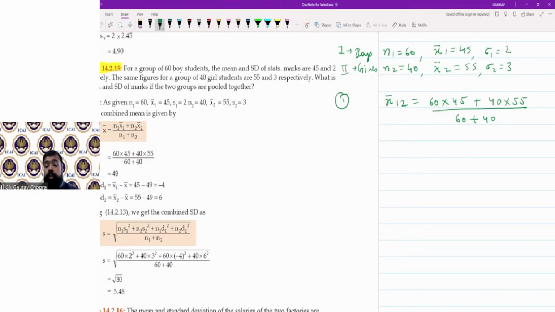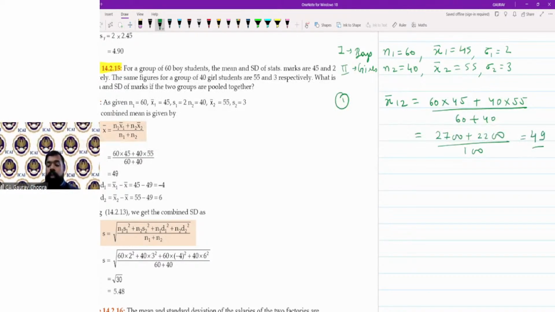So from here we can get arithmetic mean. So how much it comes? 45 into 60. So 45 into 60 is how much? 2700 and plus 55 into 40. This gives us 2200 upon 100. So it will give us 49.